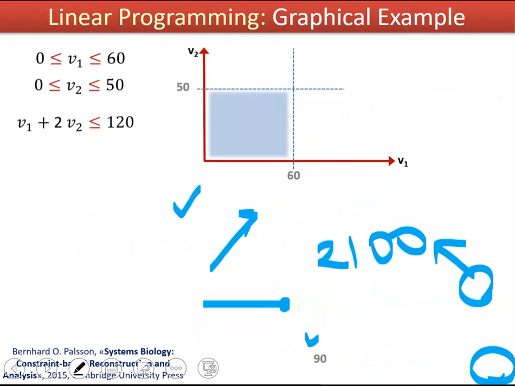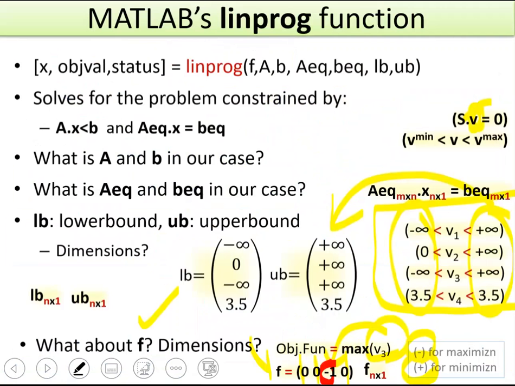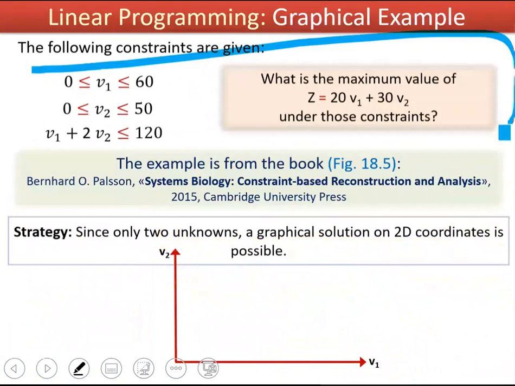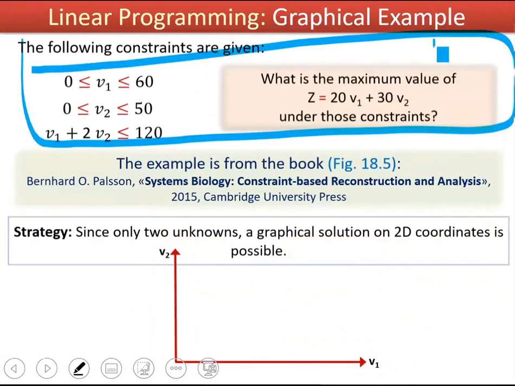This was the original question. Given the constraints, what is the maximum value of this function? So this is the objective function.